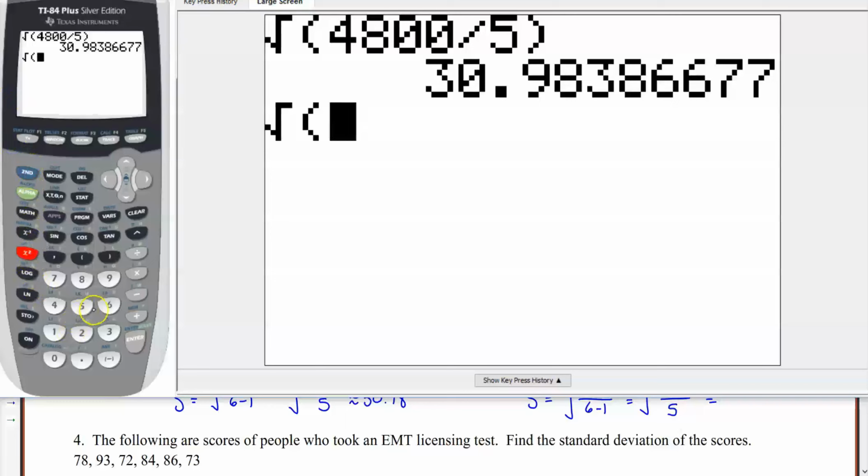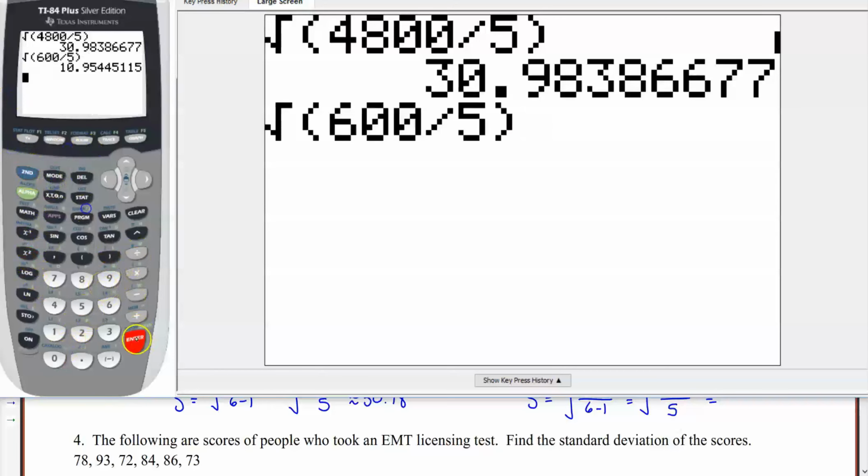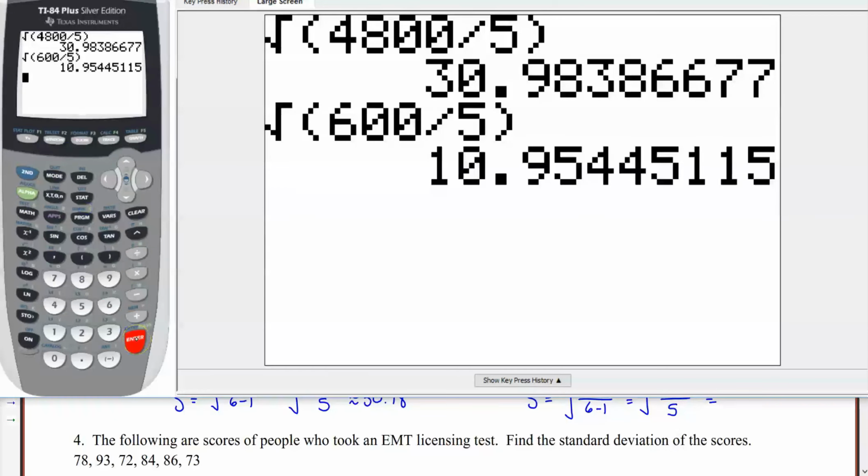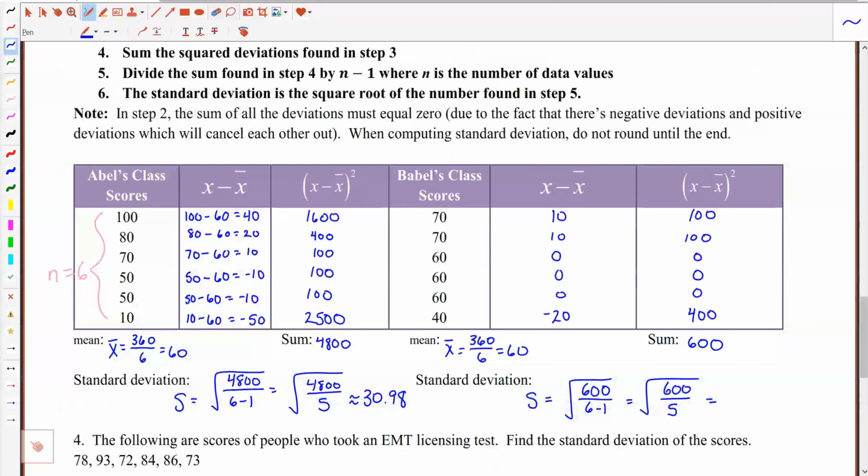So the square root of 600 divided by 5. So out to 2 decimal places, it looks like it's going to be 10.95. This is approximately equal to 10.95.